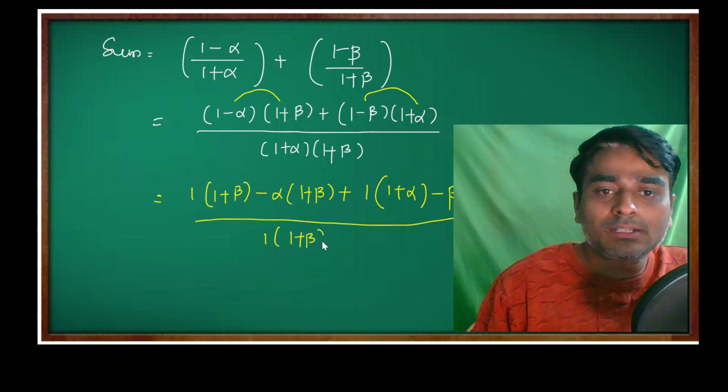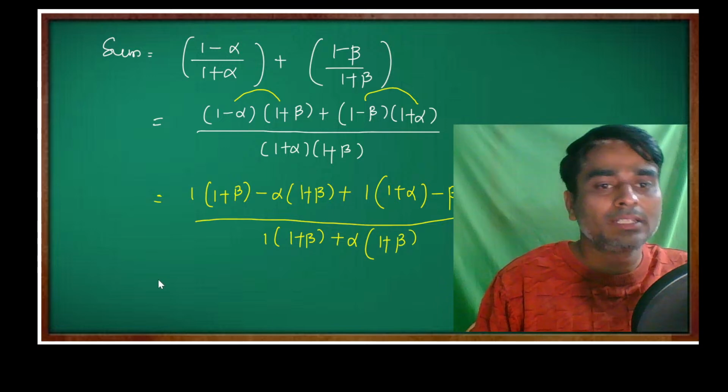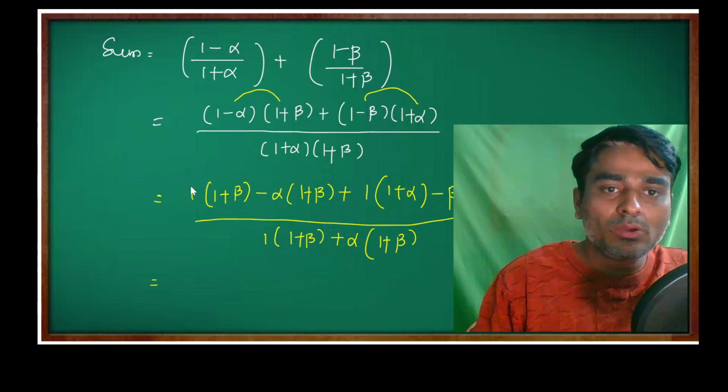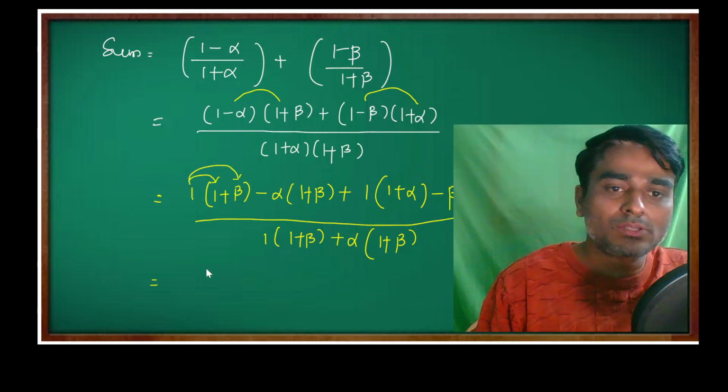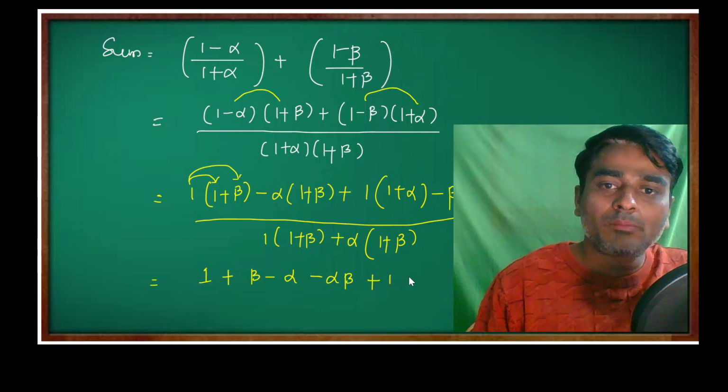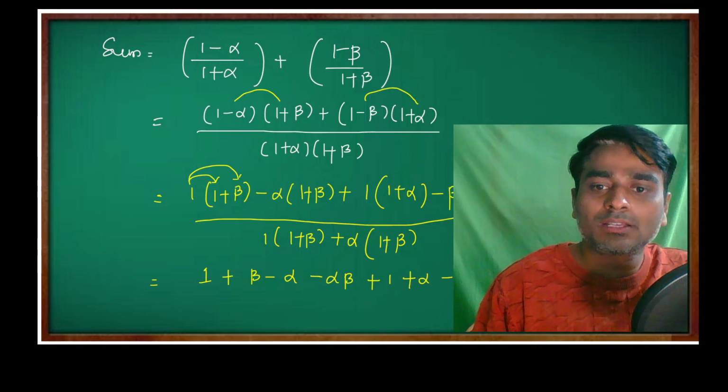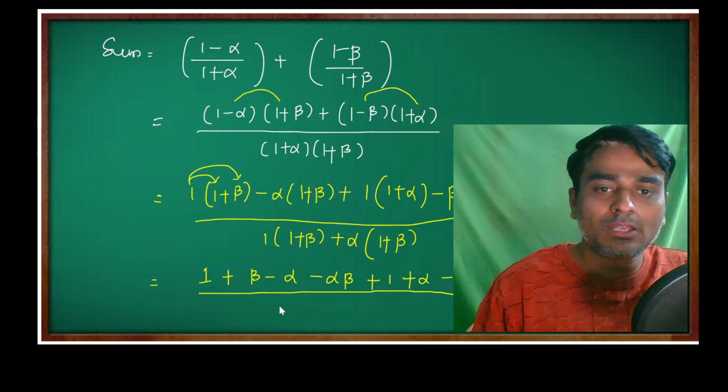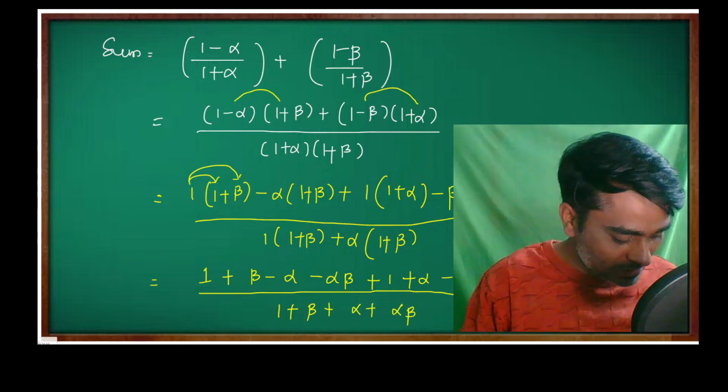Next step, multiply 1 into 1, 1 into beta, so 1 plus beta minus alpha beta, plus 1 plus alpha minus beta minus alpha beta, divided by 1 plus beta plus alpha plus alpha beta. Clear till here?